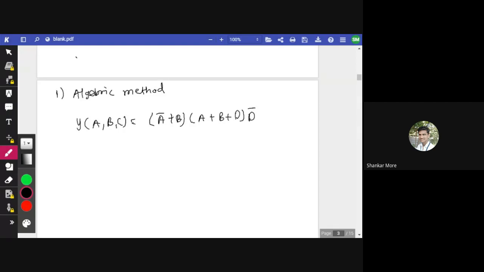Okay, Raman has got it. B D bar. Okay. I hope Shardul also got it. Right, Shardul? Raman, did you get it with the algebraic method or with some different method? Algebraic method.